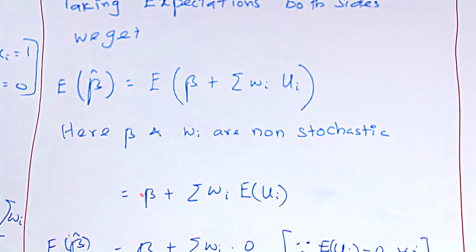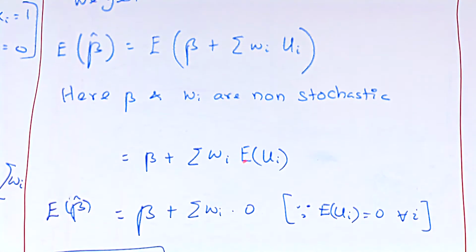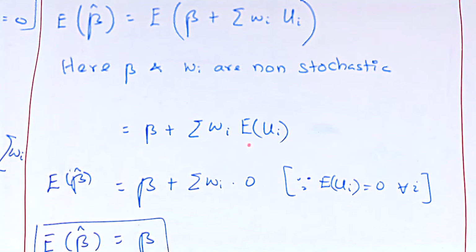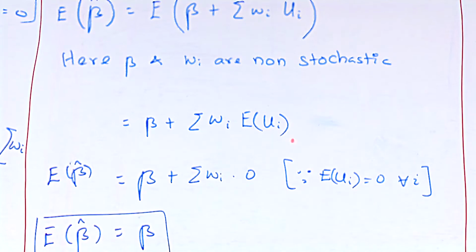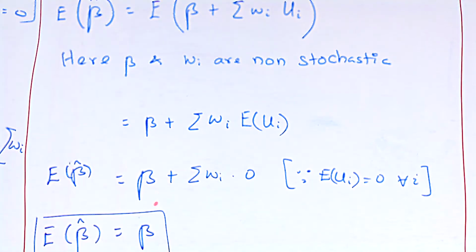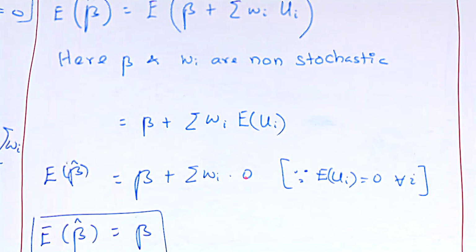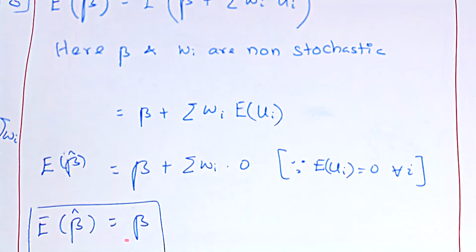So this is reduced to beta plus sigma wi expectation of ui. This is because expectation of ui is equal to 0 for every i, which is the OLS assumption. Based on the OLS assumption, we get beta plus sigma wi into 0 for every i. So that reduces this equation to expectation of beta hat is equal to beta.